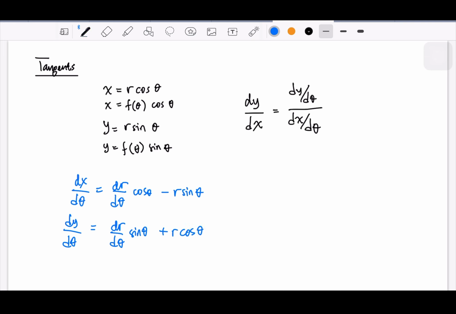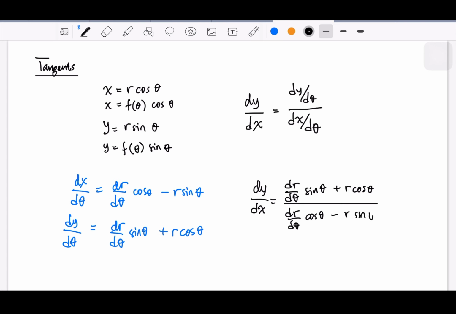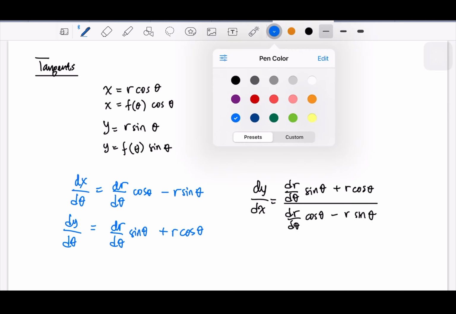Okay, and then we can use those results in our equation. Okay, so this is our tangent equation in terms of polar.